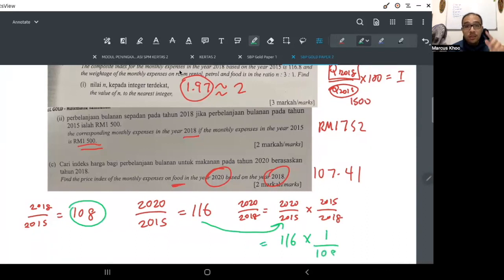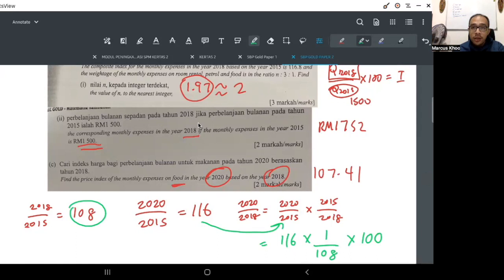Now, because one of the values you have to invert, when you count the price index, you will have to multiply by 100. Sometimes it doesn't work that way. Sometimes you will find that you don't have to invert at all. Maybe both are given and you just put them in together. In that case, you have to divide by 100.